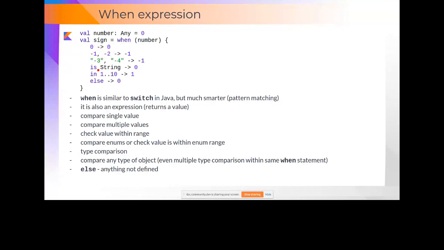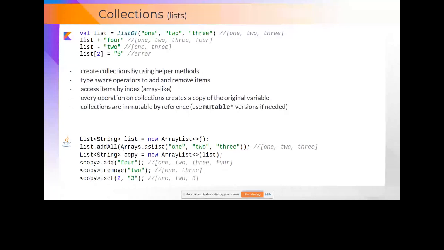Okay, collections. So in every programming language, we use collections. So it's an important part of a programming language. And before Java 9, working with collections in Java was a bit cumbersome and verbose.